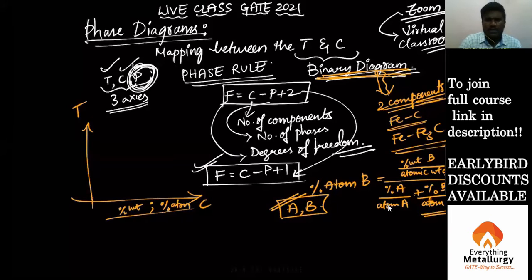So these are the units we use for the composition axis.